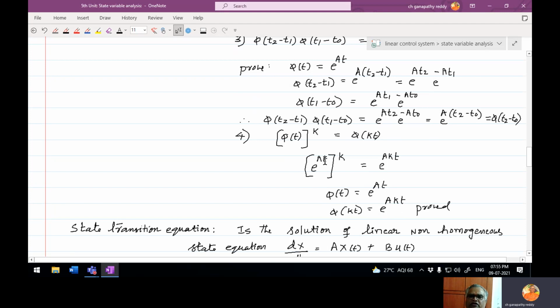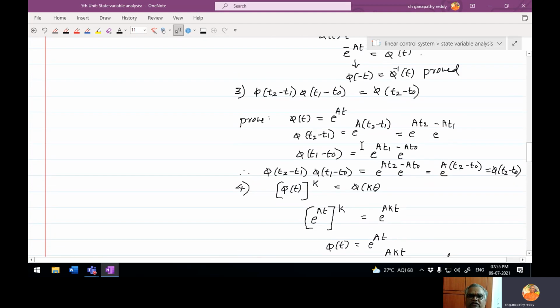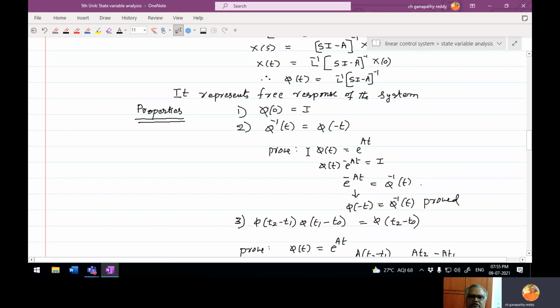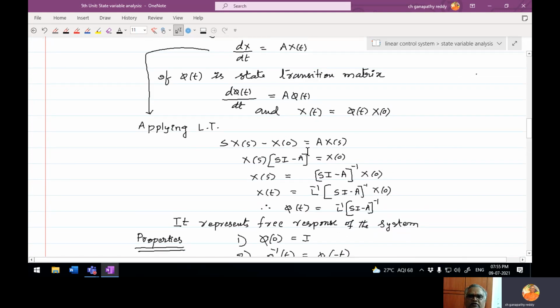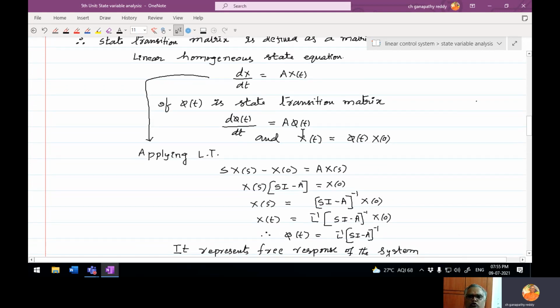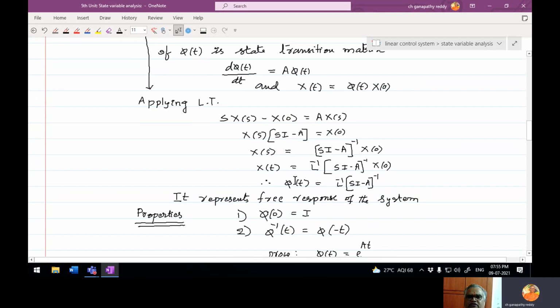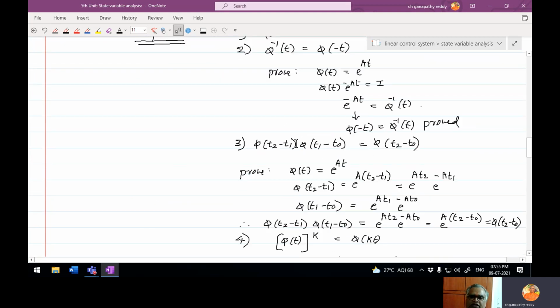So (e power At) to the power of k and phi of kt have the same answer. So LHS equals RHS. These 4 properties sometimes they ask in the exam, and how to solve this equation, this one you have to remember. We'll solve a problem using these equations.